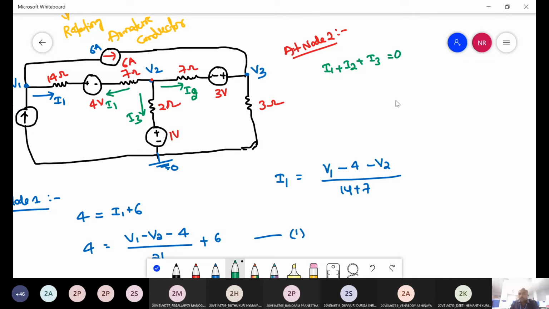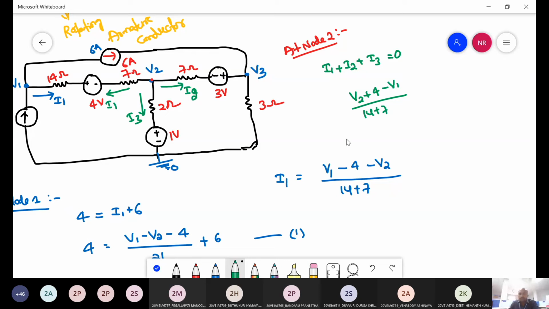Then I1 is equal to, how can we write it here? V2 voltage is there. Then plus 4 volts minus V1, right? Divided by what is the resistance here? 14 plus 7.